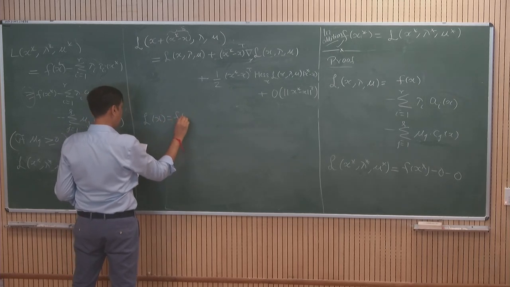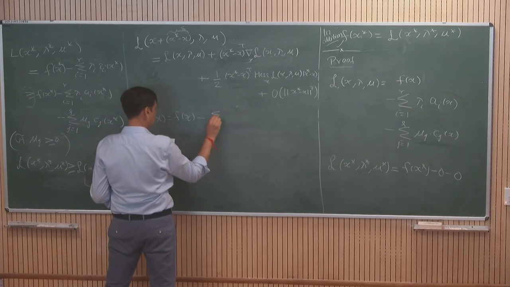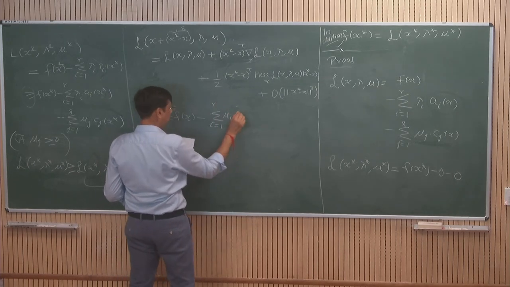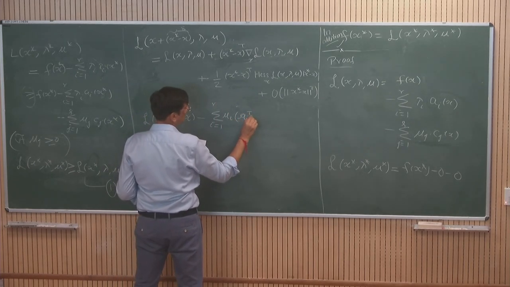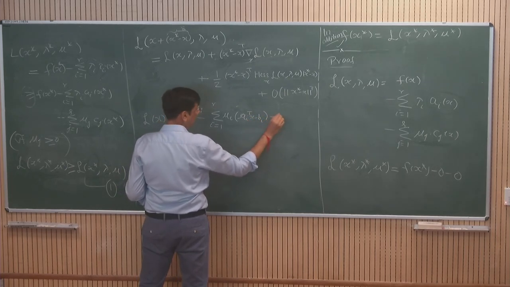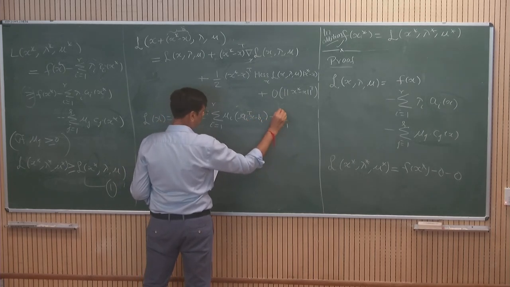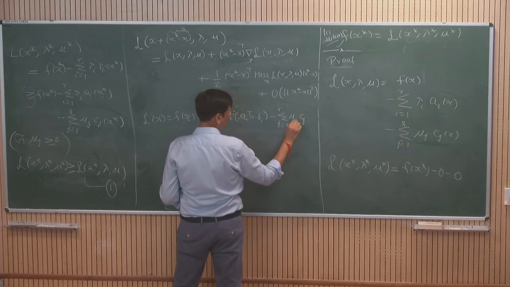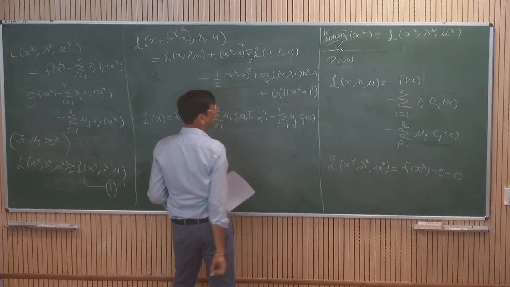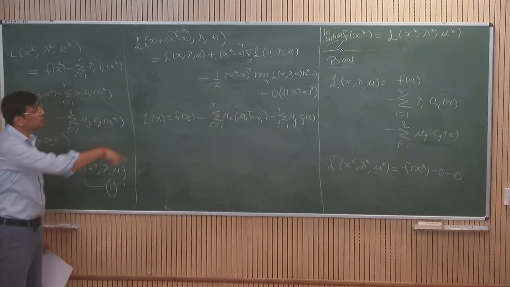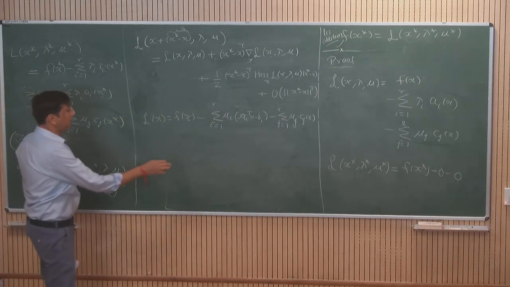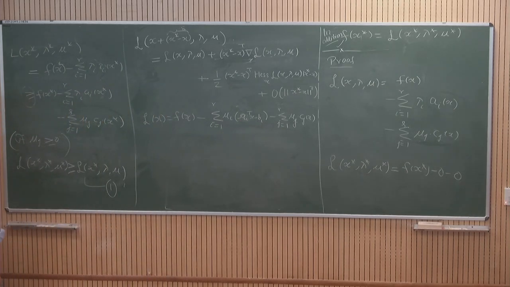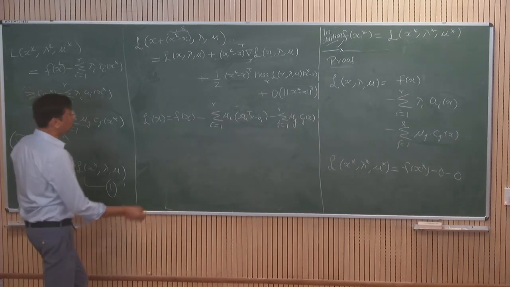L of x is f of x minus the summation over i equal to 1 to r of mu i times (a i transpose x minus b i), minus the summation over j equal to 1 through r of mu j c j. Correct? This is your Lagrangian, which was already written actually. I didn't have to write it, except that I have written the linear function which is given in the constraint rather than a general a i.